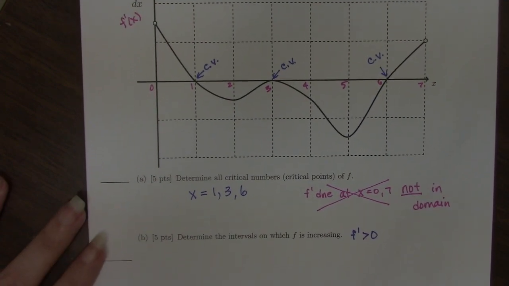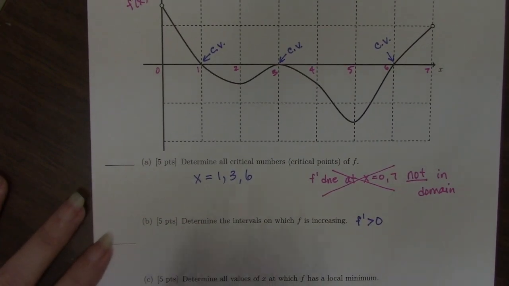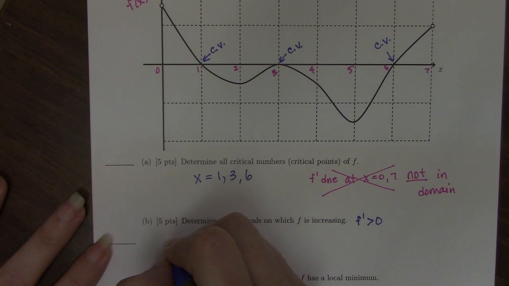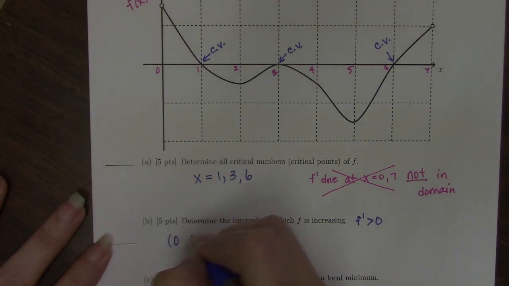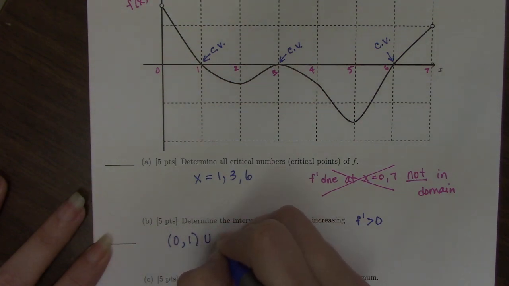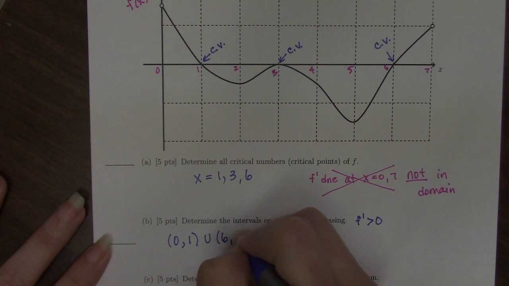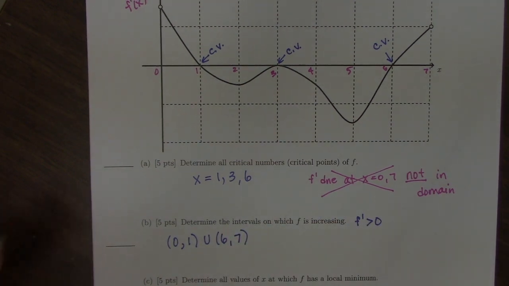So if I come down here, the graph is above the x-axis from 0 to 1 and from 6 to 7. Personally, I would not include 1 and 6. The answer key says they'll allow you to include them, but they'll take it not included.